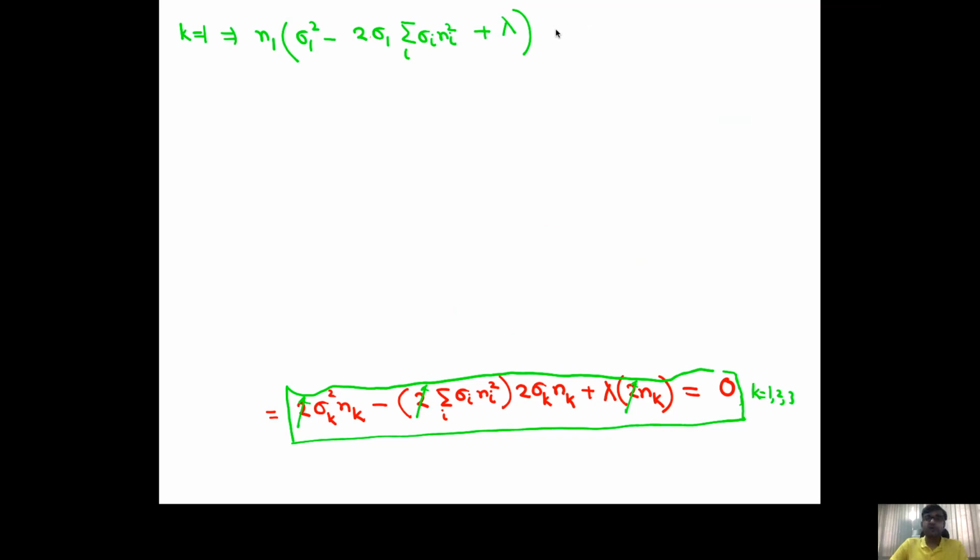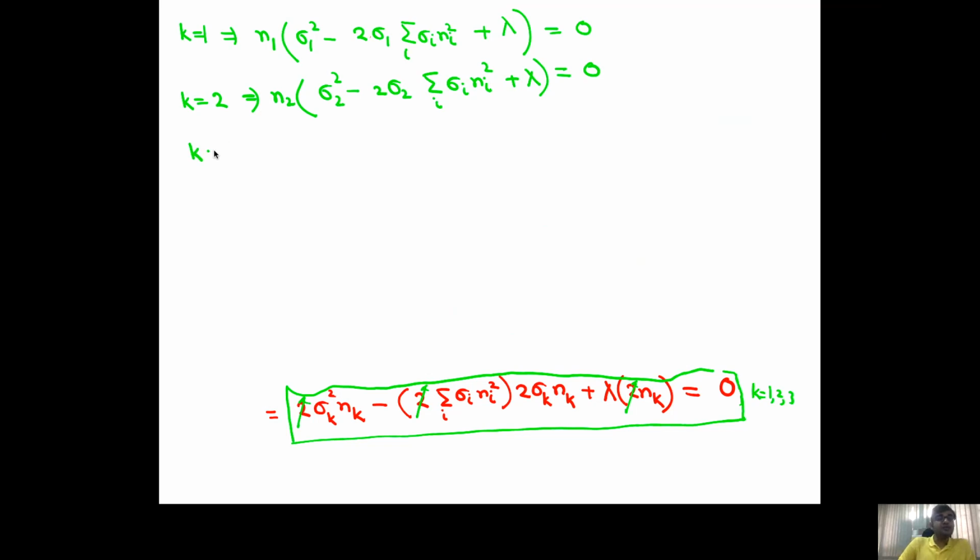So this is my equation 1. Next I'm going to take k equal to 2, and that will give me n2 sigma 2 square minus 2 sigma 2 summation I sigma I ni square plus lambda is equal to 0.